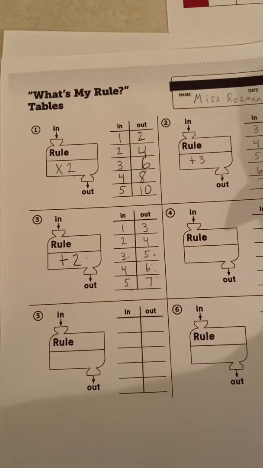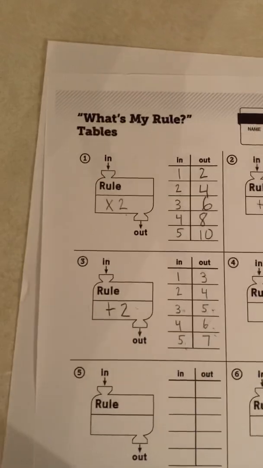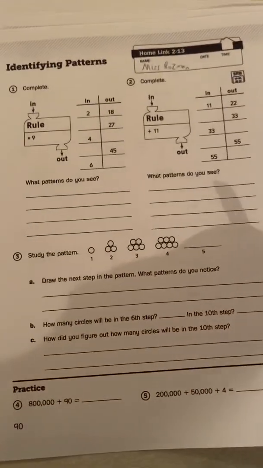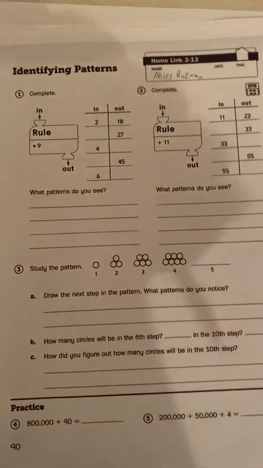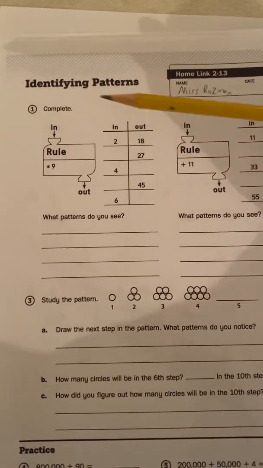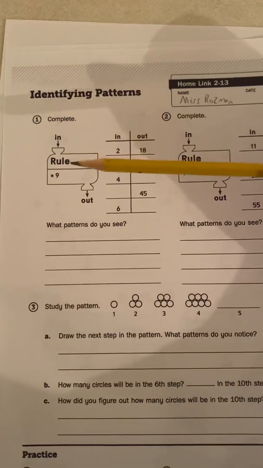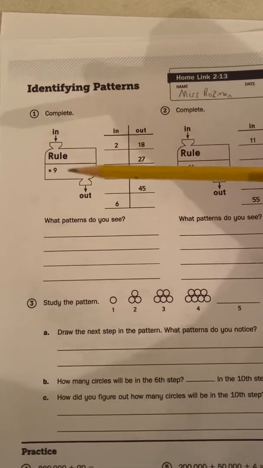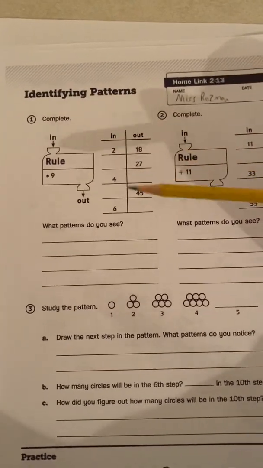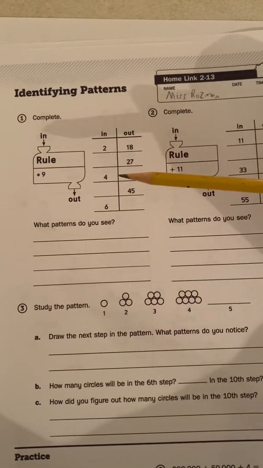Great work. Let's take a look at your homework for tonight together. Here's your home link. You will see there are several input and output tables. They give you the rule, and your job is to use the rule to figure out what's missing in the table.